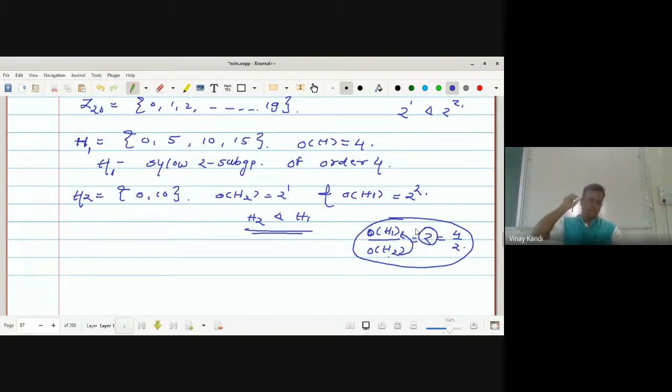This result is in your syllabus. So here H2 is normal in H1. Okay, any doubt?